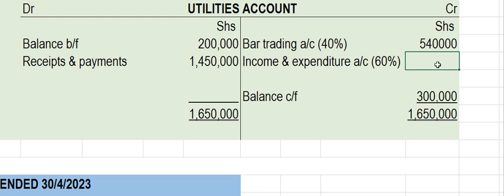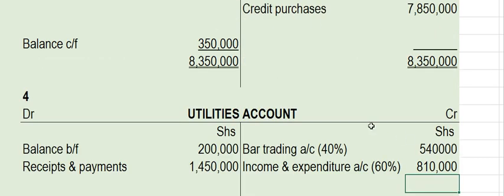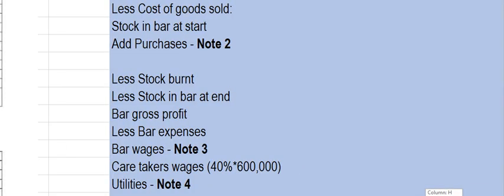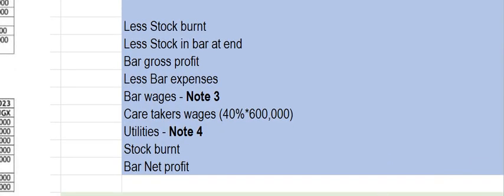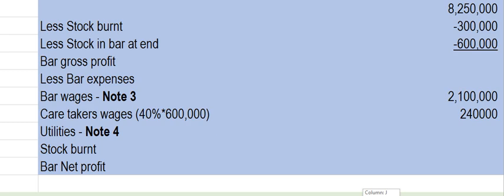Then income and expenditure will be the 60%: this minus this, then minus this. That is 810, and that's what we take to the income and expenditure account. So in the bar trading account, utilities, I'll take the 540 from the working.